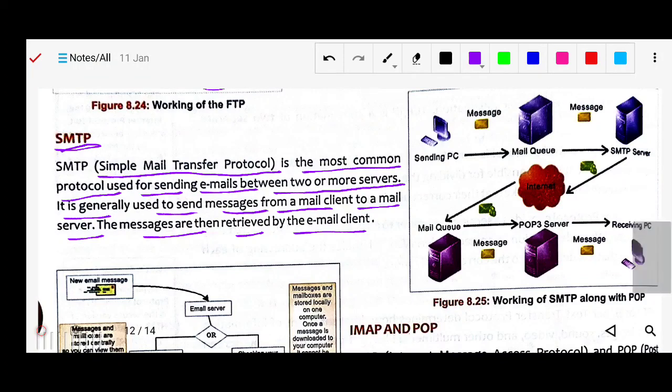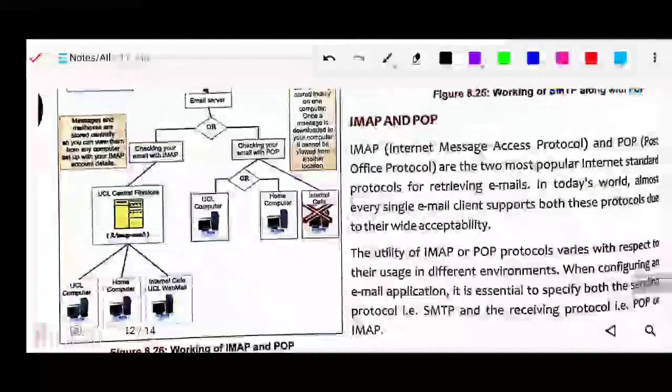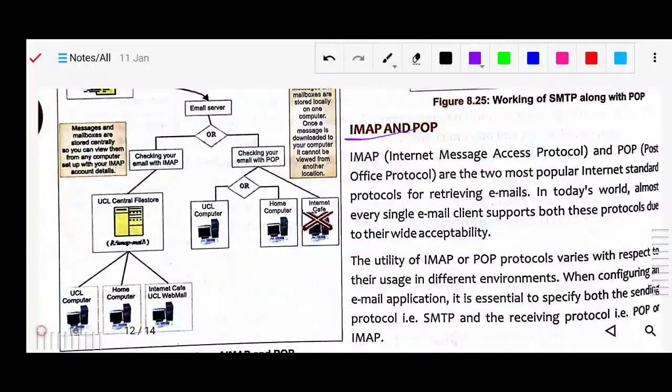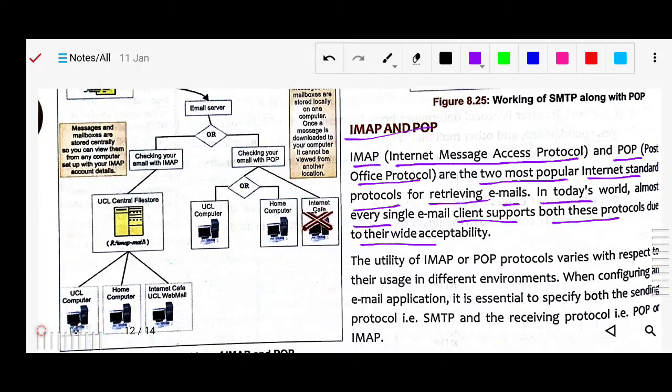First see it here. Next is IMAP and POP. IMAP, Internet Message Access Protocol, and POP, Post Office Protocol, are the two most popular internet standard protocols for retrieving emails. Today almost every email client supports both protocols due to their wide acceptability.